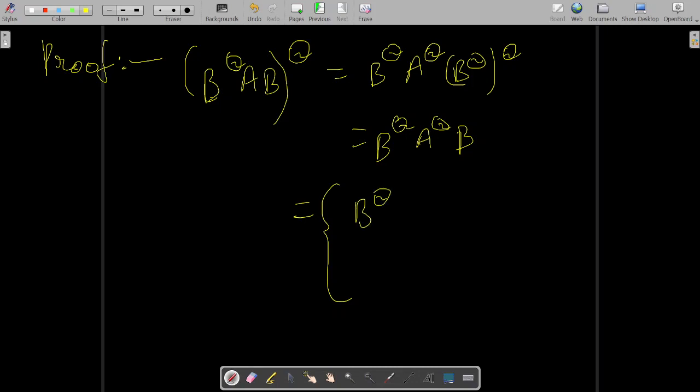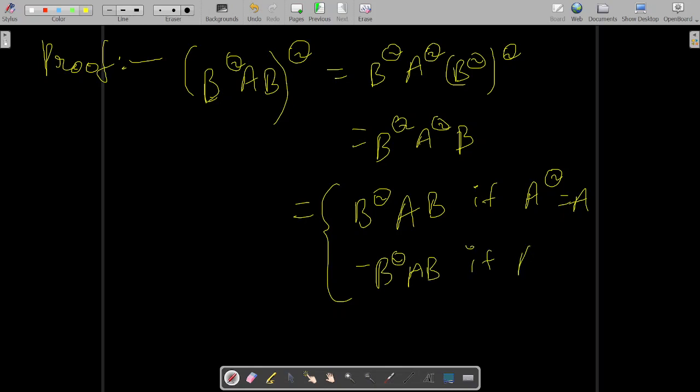B conjugate AB, if A conjugate is equal to your A, and it will be equal to minus B conjugate AB if A conjugate is equal to your minus A. Okay, this is very clear.